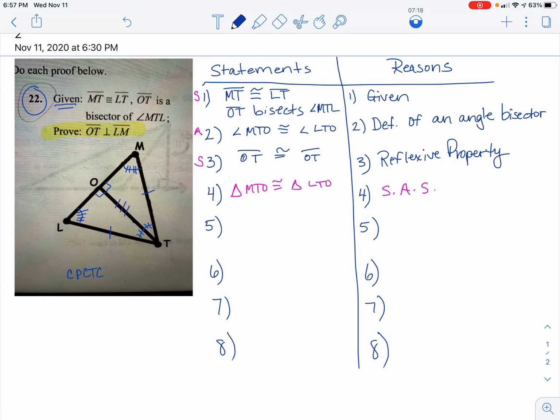So I'm going to write here that angle MOT is congruent to angle LOT, and that's based on CPCTC. Okay, now let's see here.